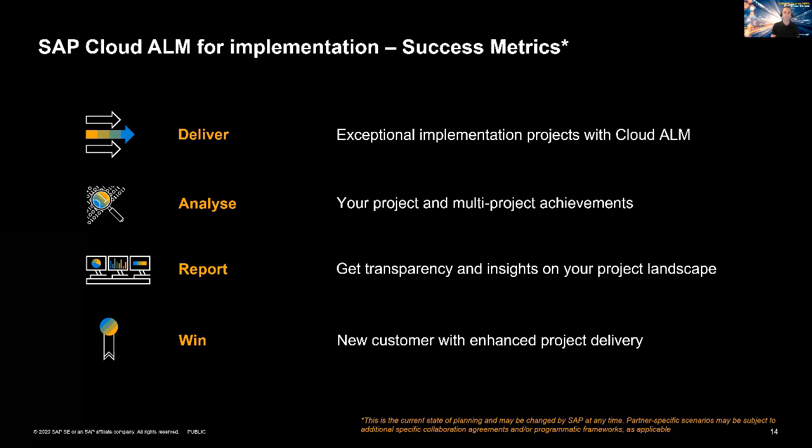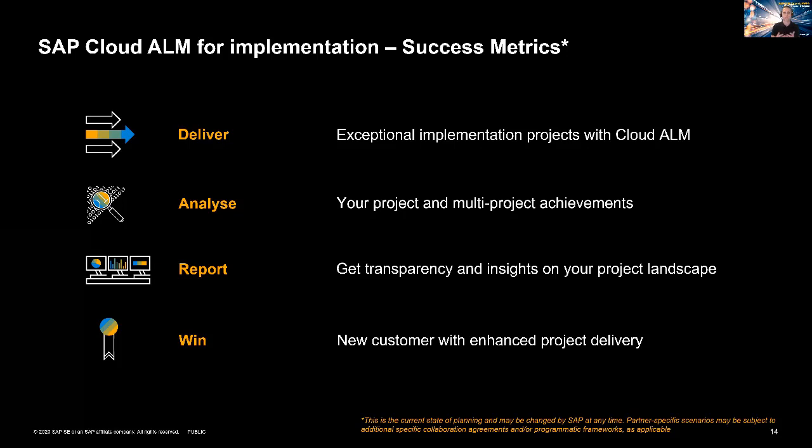The second area we are thinking about is single project transparency, so that you get detailed insights about every single project, like in which phase the project is at the moment, what the next milestones are, and what the next quality gates are.